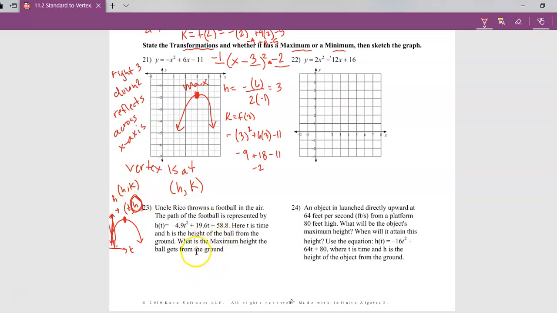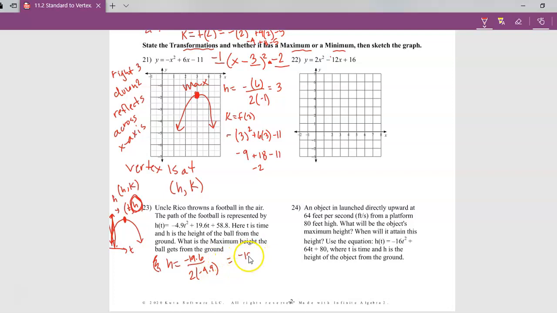All right, so in order to find the vertex, I just do the formula here. This one, I don't technically need to put fully into vertex form. I certainly could, but all I really need to do is find h and k because I'm trying to find the vertex. So h is -b, so b is 19.6, and I'm putting a negative in front of it, divided by 2 times a, and a is -4.9.